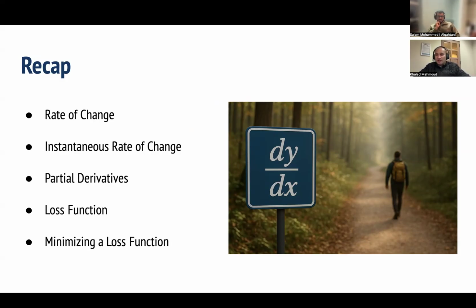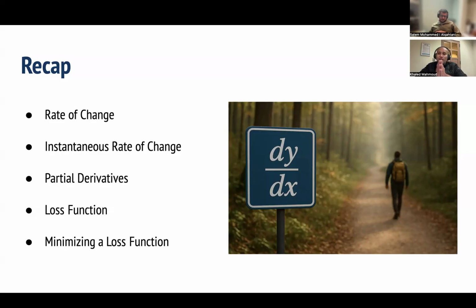And we said that machine learning is the rate of change. And the rate of change took us into the concept of instantaneous rate of change, where the interval gets smaller and smaller and smaller until it gets to zero. And that took us to the concept of the first derivative.